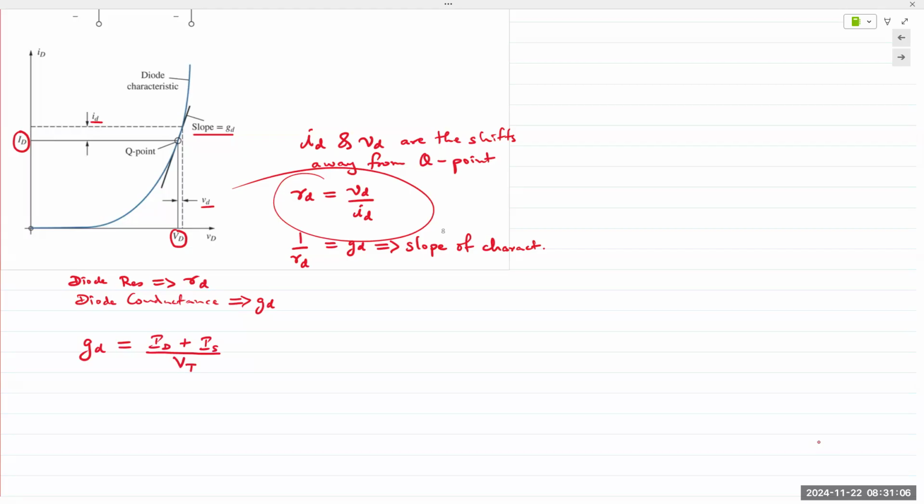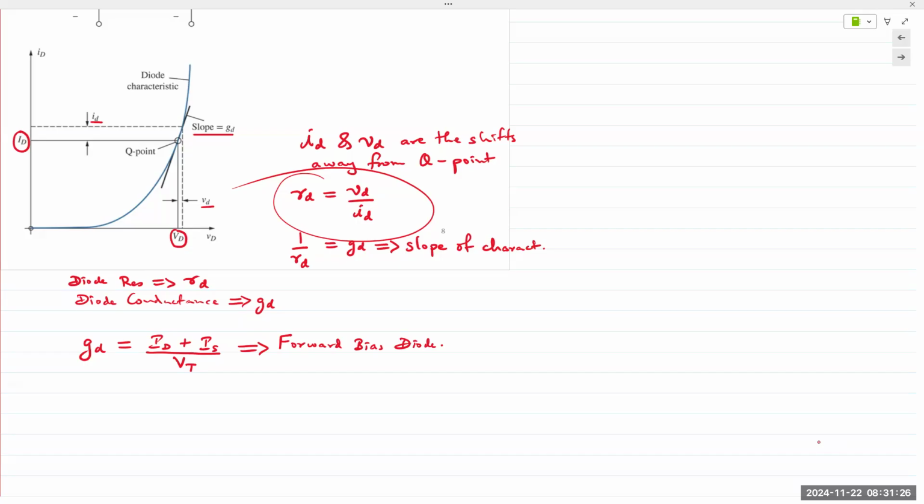This is for a forward bias diode. Okay, forward bias diode, and we plug in the diode equation.